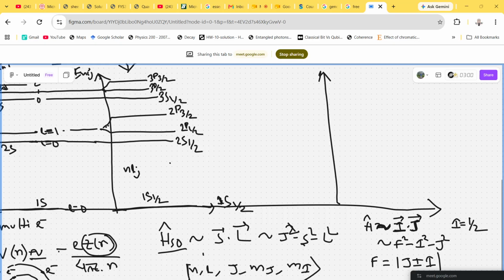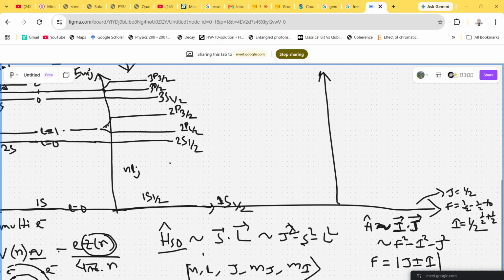If nucleus spin is half, then what will happen to the first level? It was 1s half, right? That means J equals 1 by 2. Now if I equals half and J equals half, F can go from half minus half to half plus half.